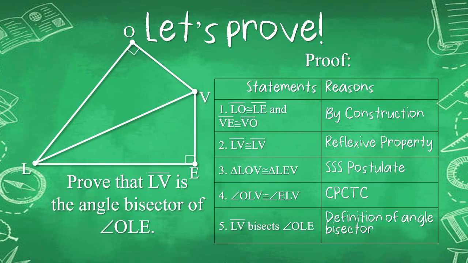Lastly, we can now prove that segment LV bisects angle OLE by the definition of angle bisector, which tells us that an angle bisector is a line, ray, or segment that divides an angle into two congruent parts.